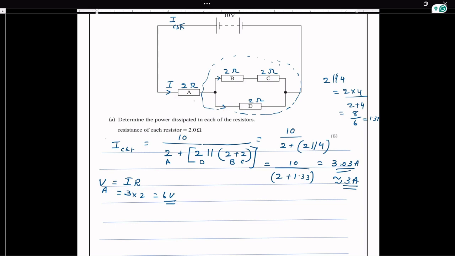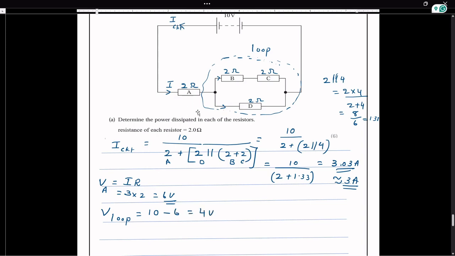Therefore, the voltage across the full loop. I told you I am calling this part the loop. The voltage across the loop is total 10 volt. Out of that, 6 volt is dropped across the first resistor, so it is 4 volt.